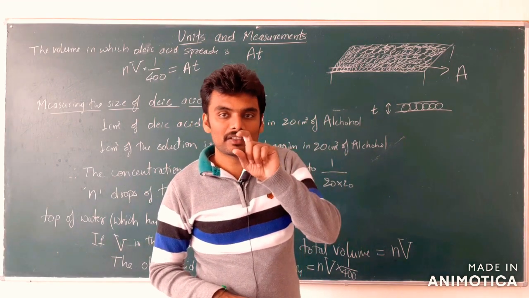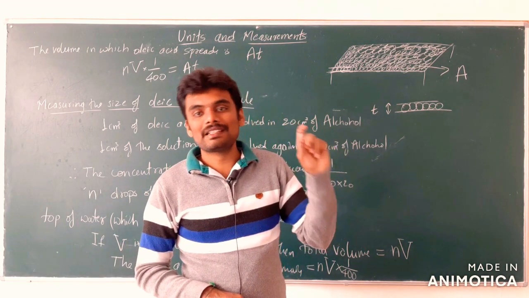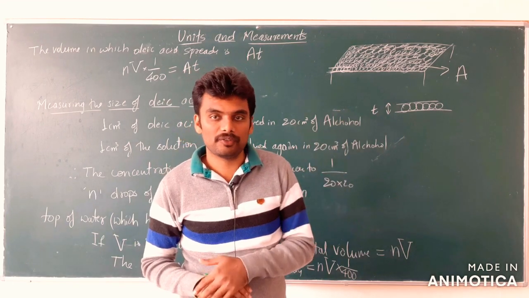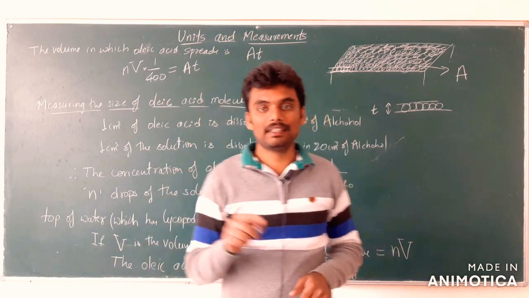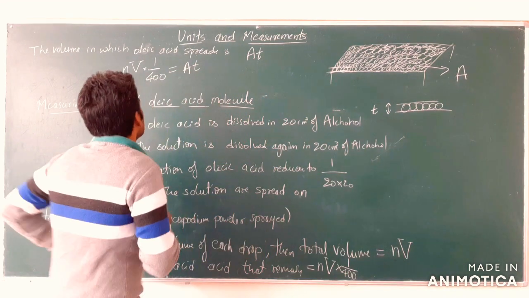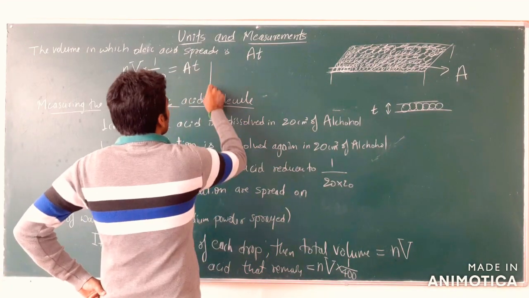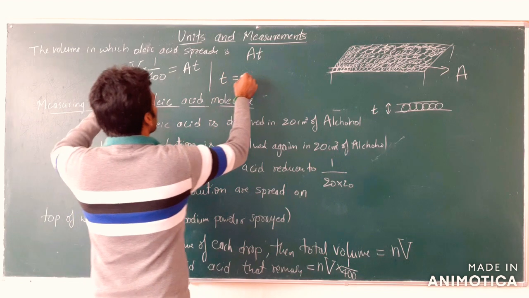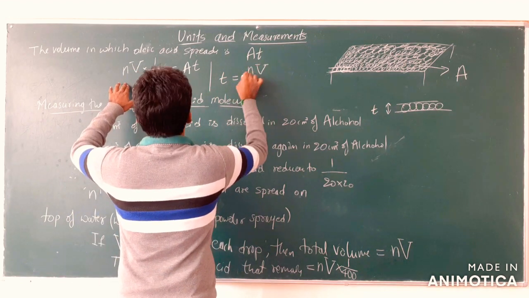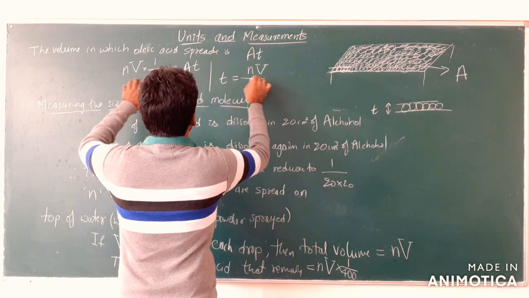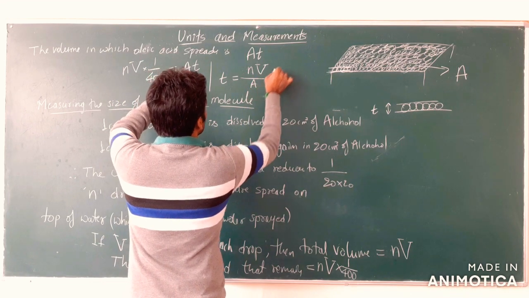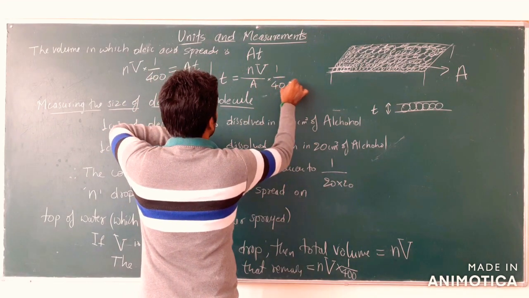In fact, it is the thickness of each layer, which itself is the size of each molecule, isn't it? T, thickness is what we need. So thickness T becomes equal to NV by area A into 1/400.